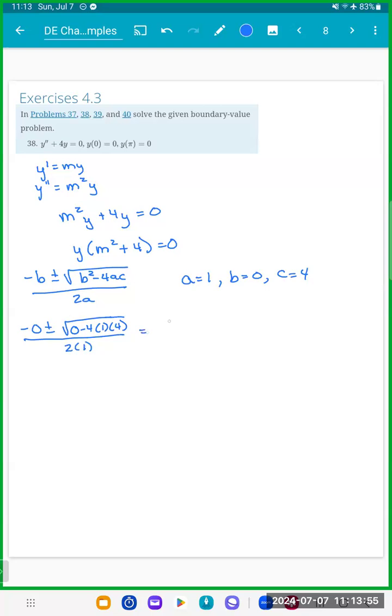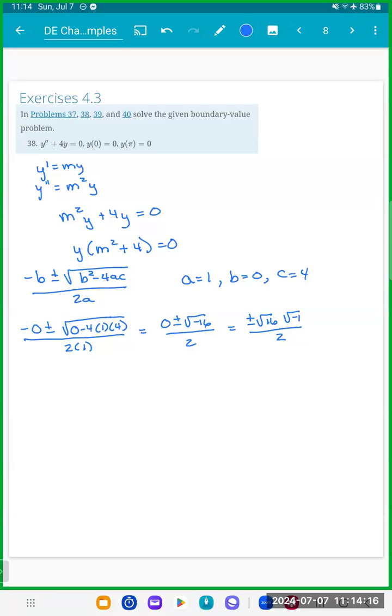Okay, so that simplifies to 0 plus or minus the square root of negative 16 divided by 2. So that is plus or minus the square root of 16 times the square root of negative 1. I broke that out because, as a refresher, remember, you can't take the square root of a negative number.